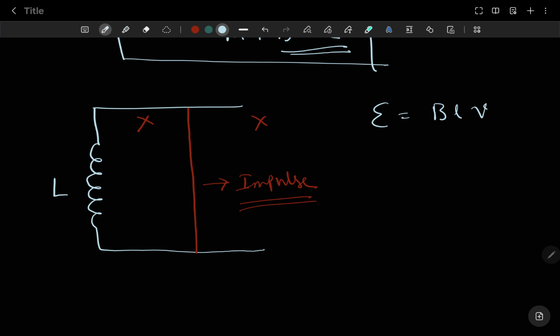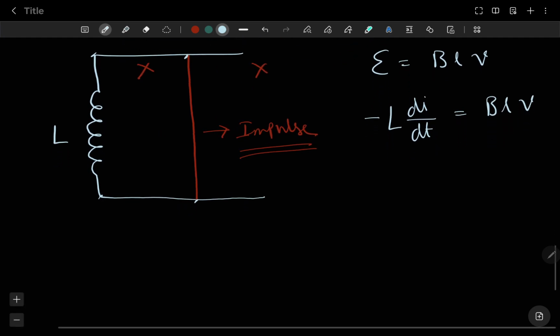Now this BLV, the EMF, will be equal to the back EMF in the inductor, right? It will actually be equal to L di/dt. Okay, so minus L di/dt will be BLV.